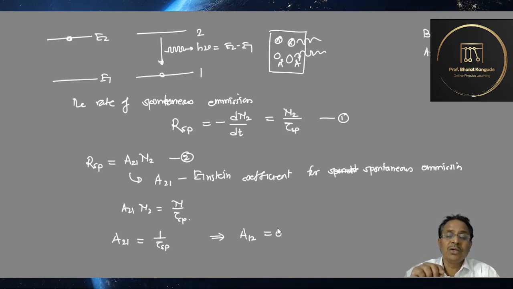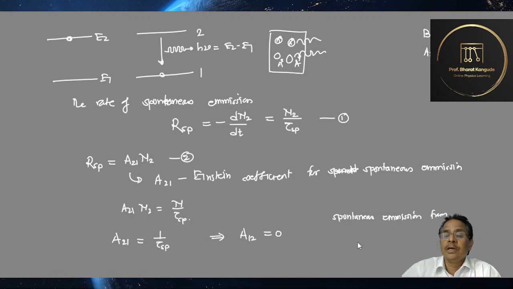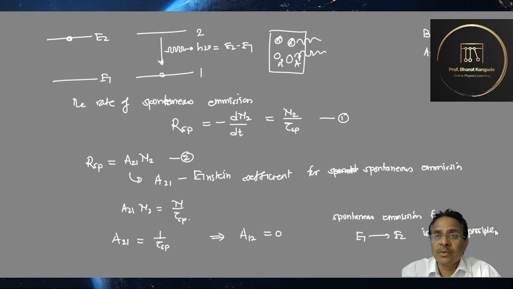Therefore the Einstein coefficient for spontaneous transition from E1 to E2 is not there.